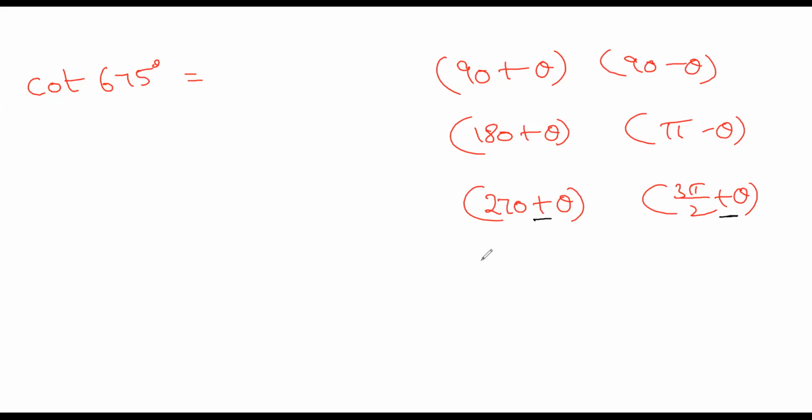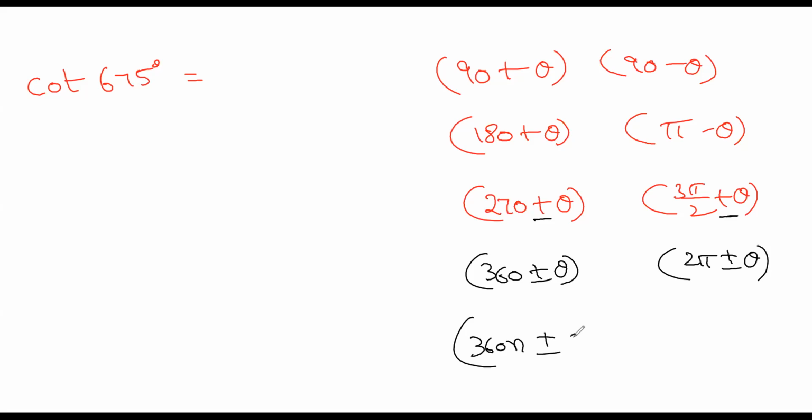Or you can take 360 plus or minus theta, 2 pi plus or minus theta, or 360n, that is multiples, 2n pi plus or minus theta. You can take any of these forms.